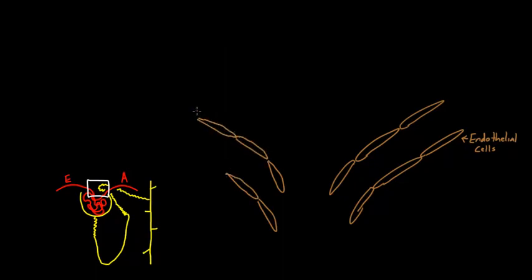It's leaving the glomerulus. So we've got coming and going, and over here, this is the efferent arteriole, efferent. And of course, the other one would be the afferent arteriole.